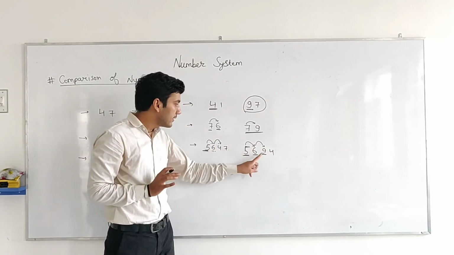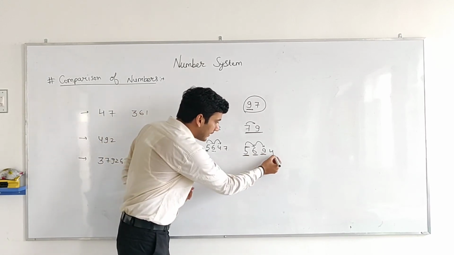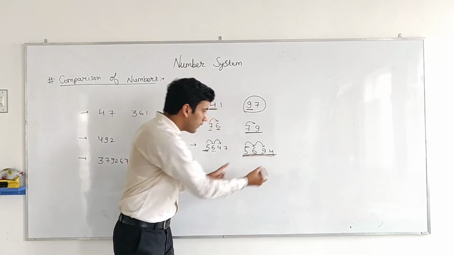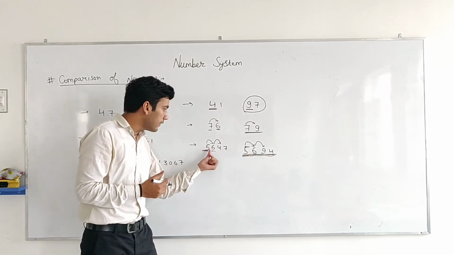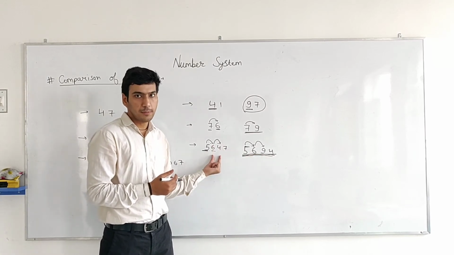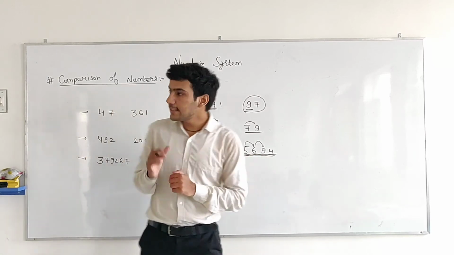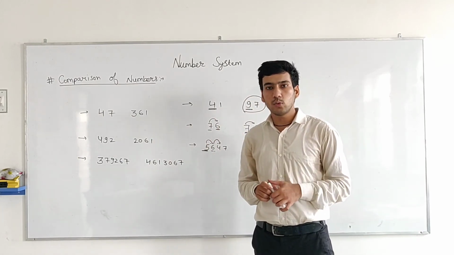You all know that 9 is greater than 4. So automatically this number, 5694, is greater than 5647. This number is greater than this number. So in this way you can do comparison between two numbers.